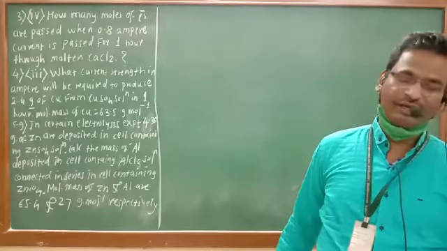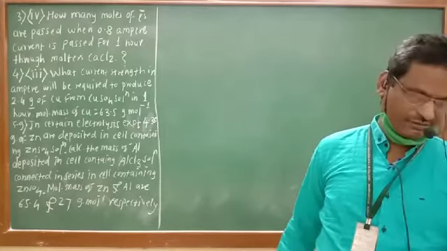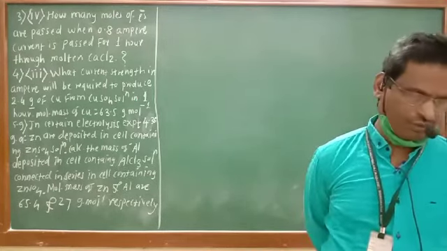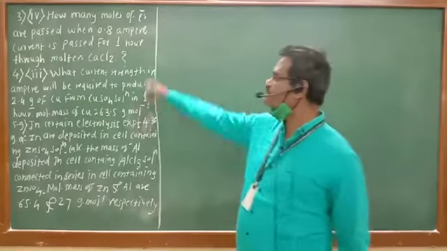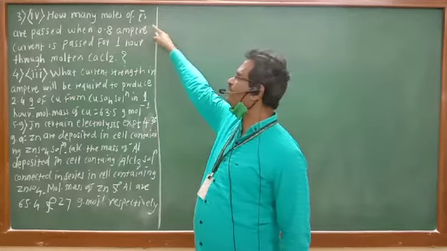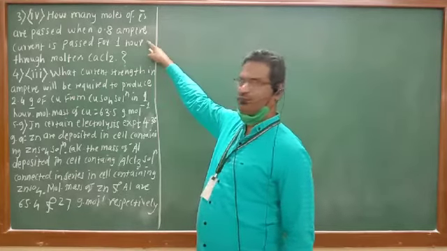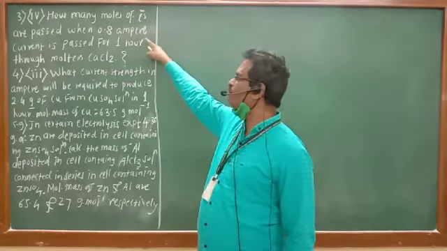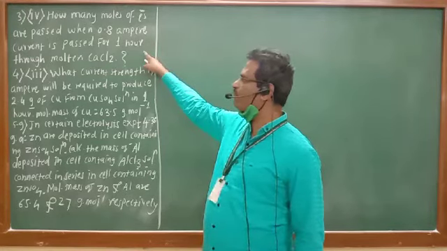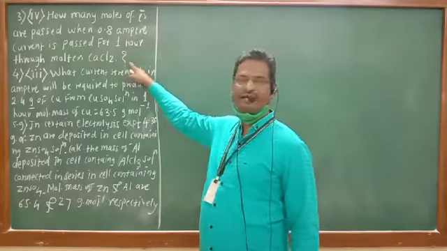And in that question, there is sub question number 4: How many moles of electrons are passed when 0.8 ampere current is passed for 1 hour through molten calcium chloride?